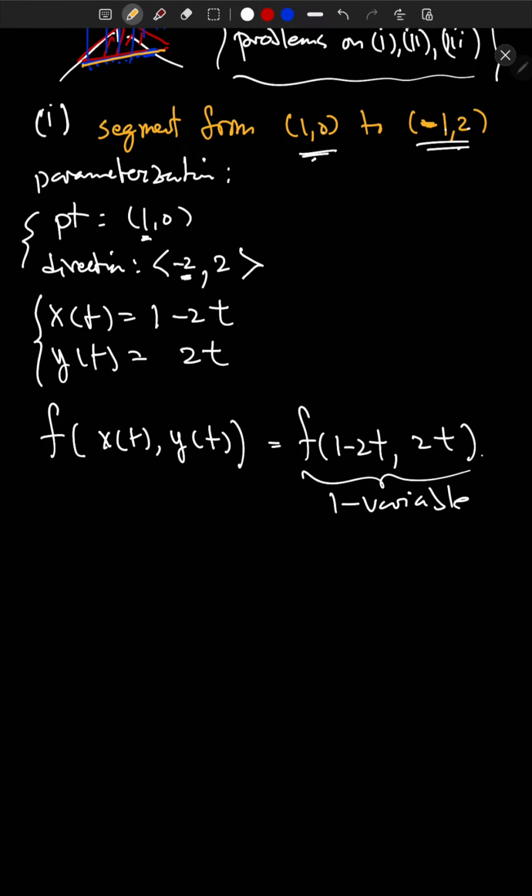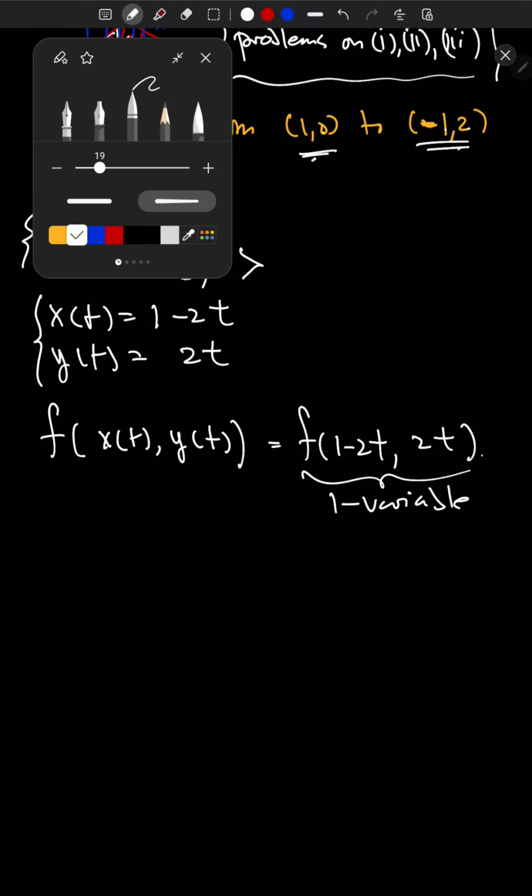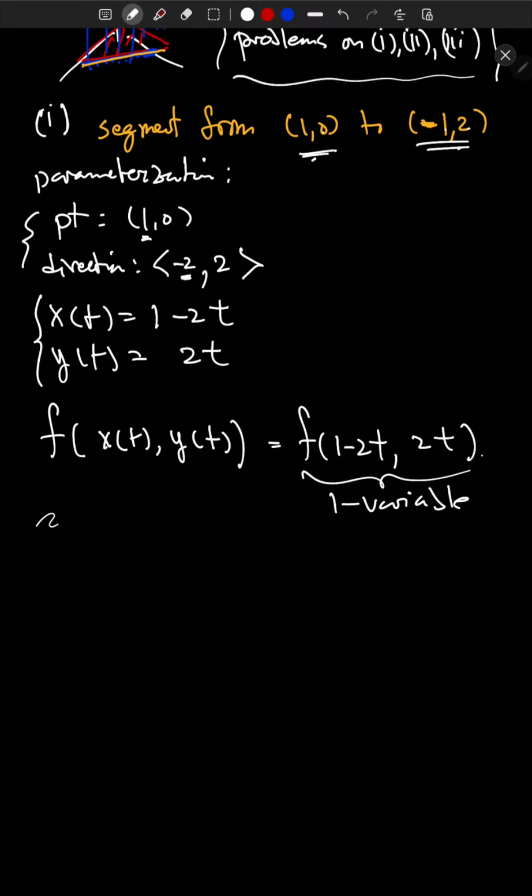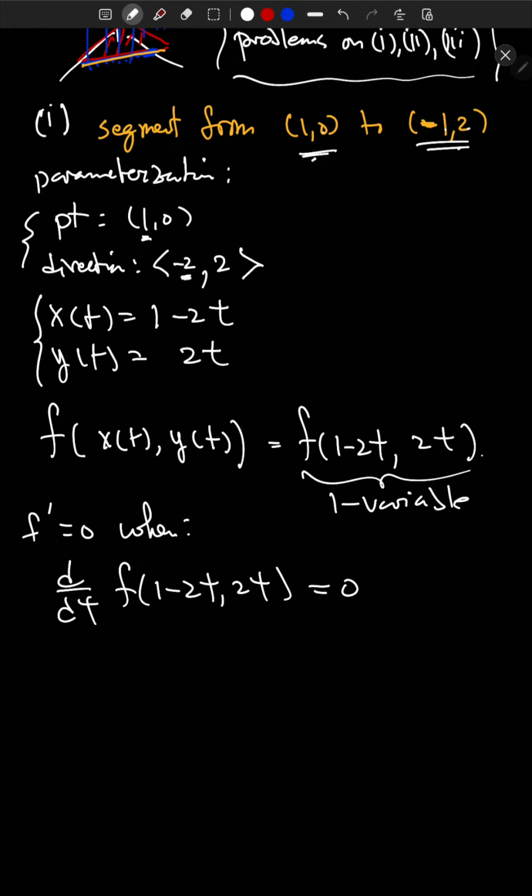So we want to solve f prime is 0. So d dt of f of 1 minus 2t comma 2t equals 0. I don't like how I wrote this. I'm going to write: solve f prime of t equals 0, which means solve d dt of this equals 0.